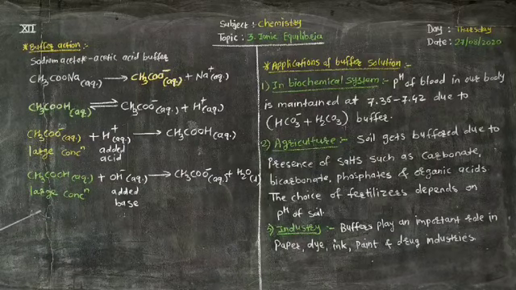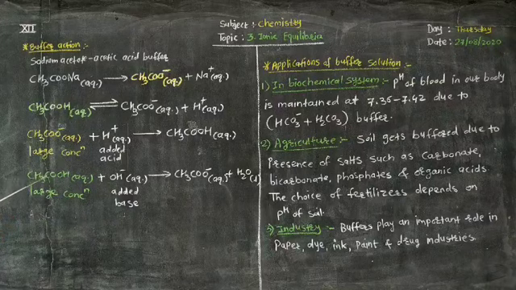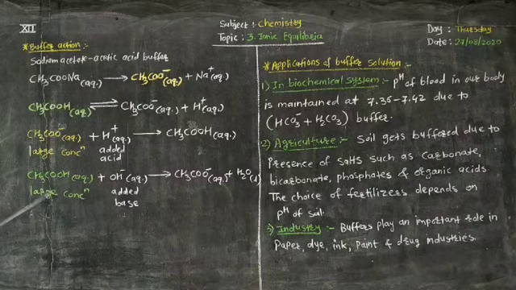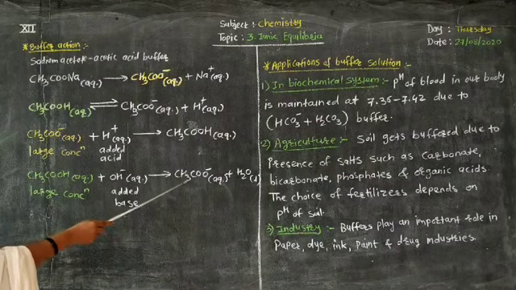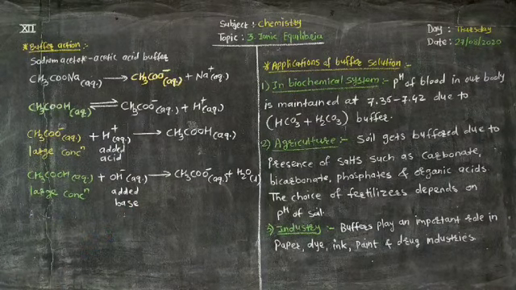Similarly, if a small amount of base is added, the added OH minus ions in the aqueous medium will be neutralized by the large concentration of acetic acid, as shown in this reaction: acetic acid plus added base gives acetate ion plus water, H2O, in liquid form.